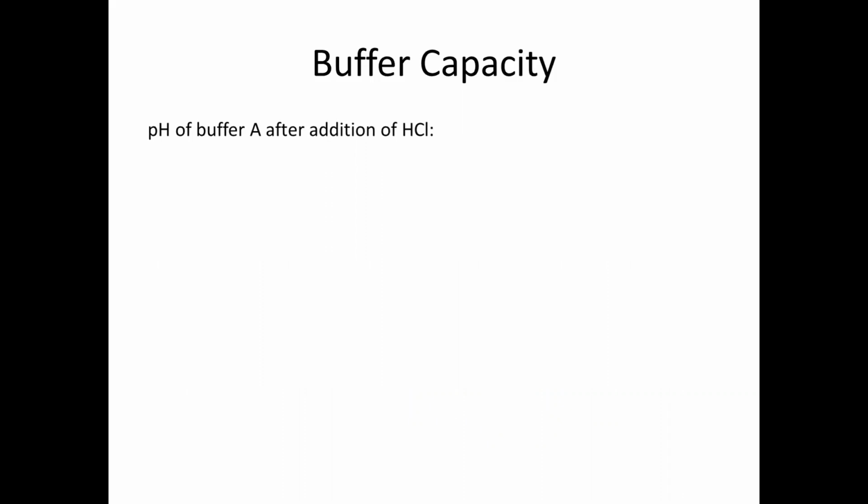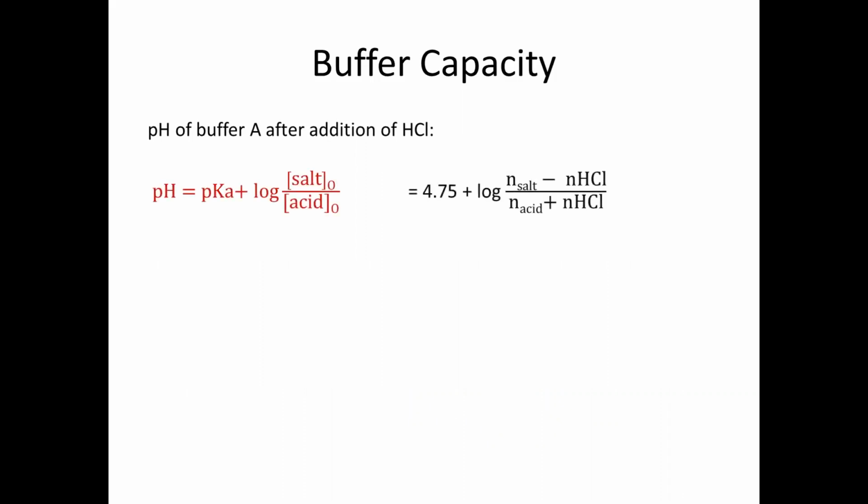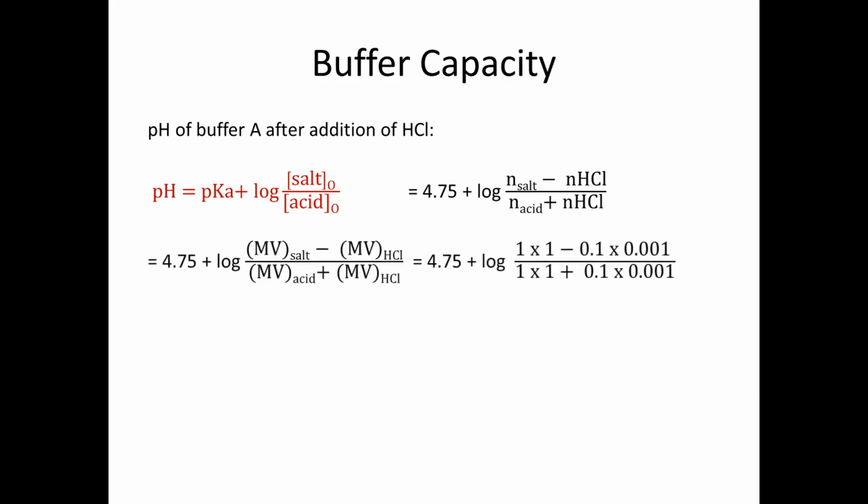So we will take buffer A first. In buffer A, the amount of acid added we know is 1 ml and the concentration of HCl was 0.1 normal. We can solve this by using the molarity and volume. The concentration of salt in the first buffer was 1 molar and we took 1 liter of this buffer.